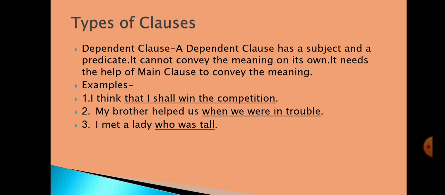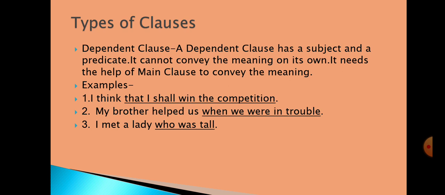तो आई थिंक जो है वो सेपरेट, मतलब इफ़ वी सेपरेट द मेन क्लॉज, कैन कन्वे द मीनिंग. But if we separate the dependent clause from a main or independent clause, then dependent clause cannot convey the meaning on its own.